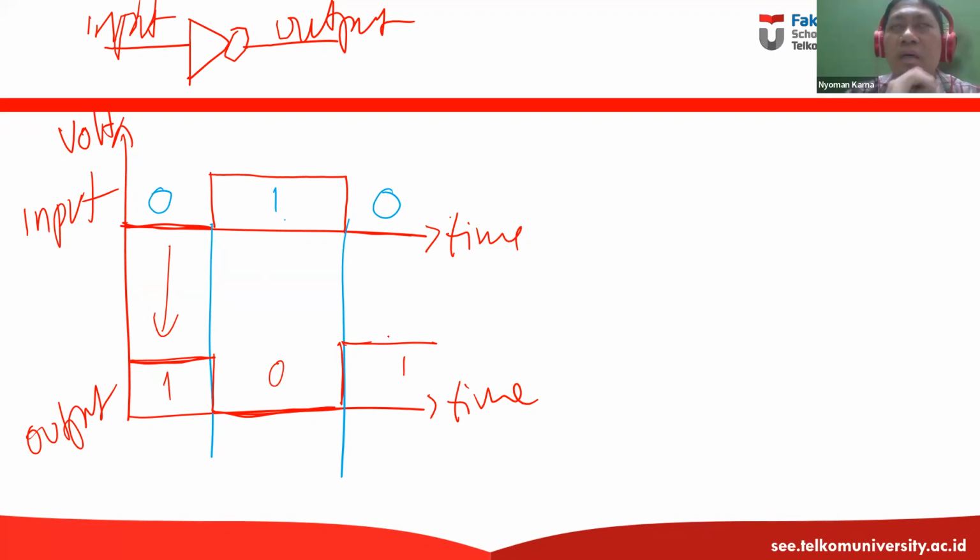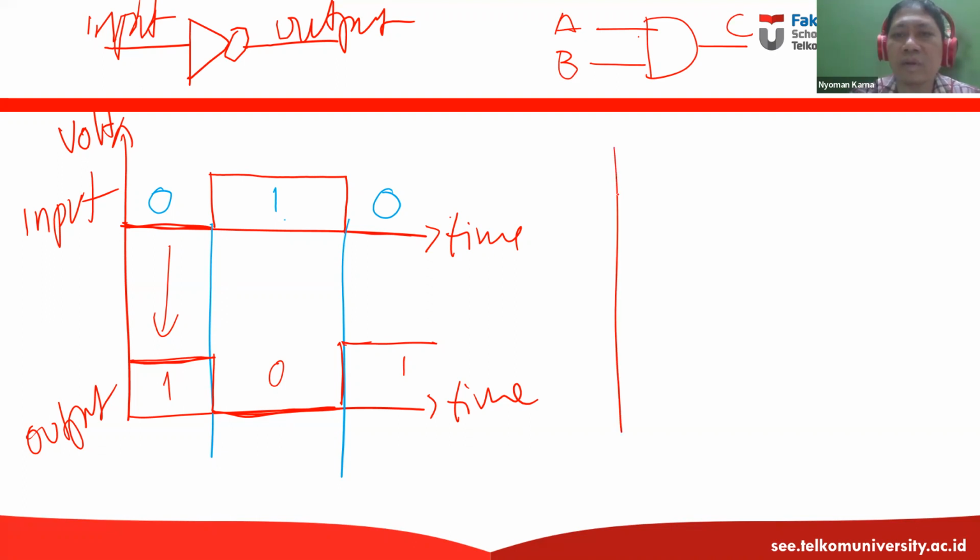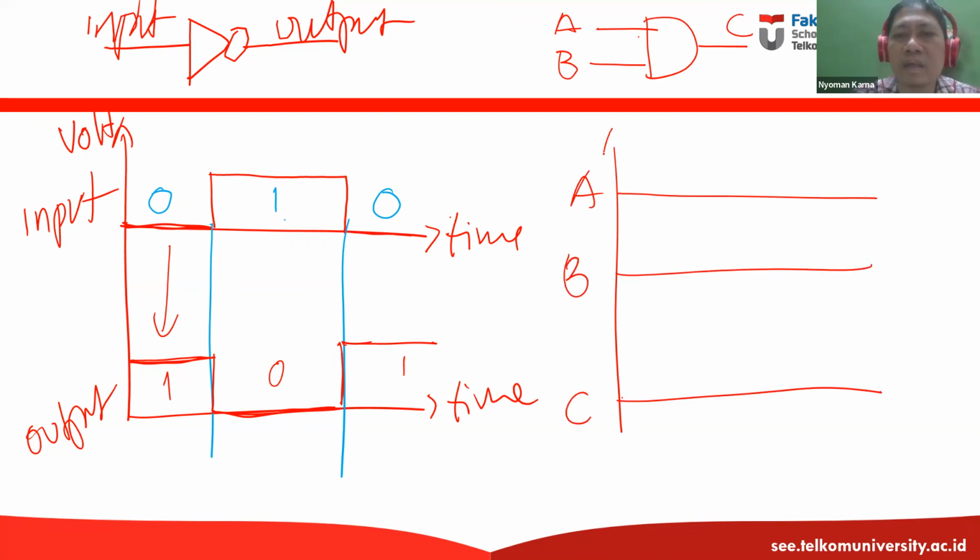Now, how about another type of logic gate? Let's say I have the AND gate. This is A, and this is B, and let's say this is C. So now we have two inputs. This is the voltage, and this is time.